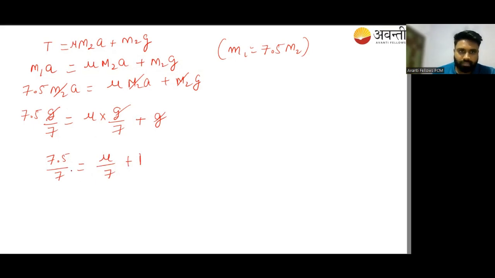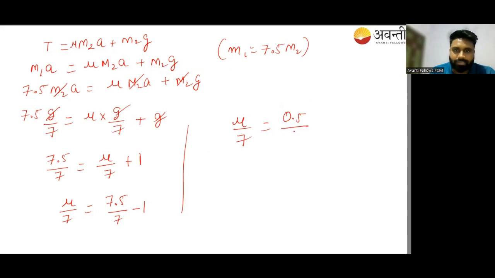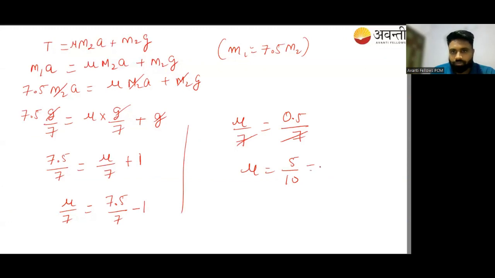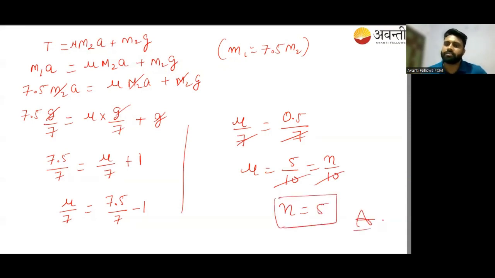Take mu/7 separate and put this 1 on the LHS: 7.5/7 minus 1 gives mu/7. Taking the LCM, 7.5 minus 7 is 0.5 divided by 7. The 7 will also cancel out. So mu is 5 by 10, because in this question mu is given as n/10. Comparing with n/10, the 10 and 10 cancel out, so n is 5. So this is the answer to that question.